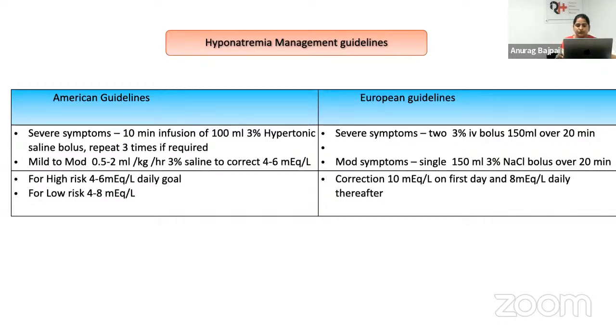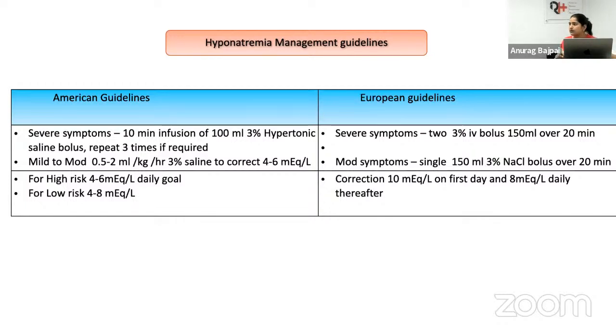You can repeat it 3 times if required. While the European Society says give only 2 boluses of 3% hypertonic saline of 150 ml over 20 minutes. They are giving it for a longer duration, and for the mild to moderate, give 0.5 to 2 ml per kg per hour 3% saline to correct only a 4 to 6 milliequivalent per liter rise in the sodium.